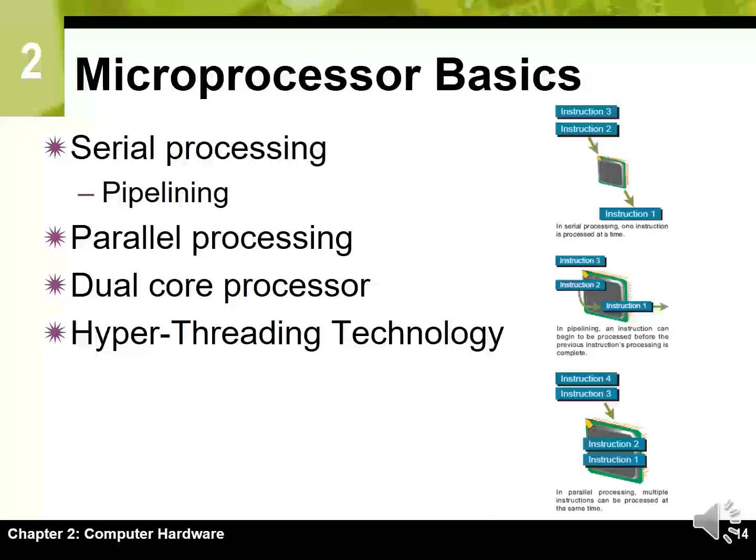Then threading, it allows your computer to do more than one activity simultaneously. You can be listening to music on your computer, you can be typing on the same computer, you can be writing on a CD on the same computer, and you can be downloading movies. At the same time, you'll be printing some documents on the same computer.